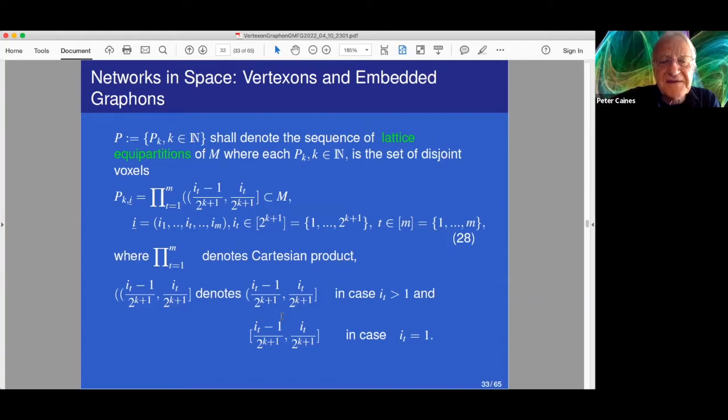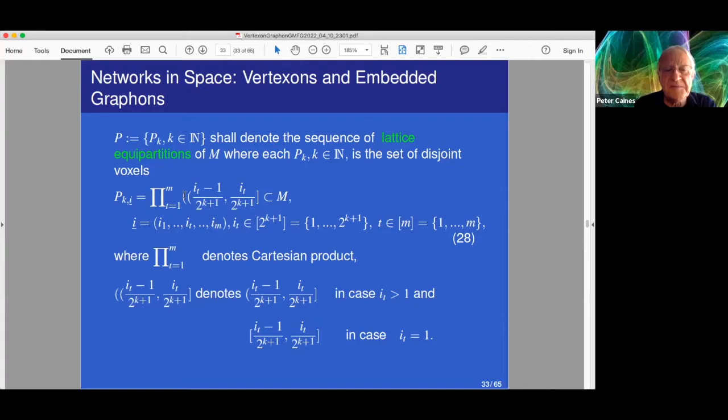This isn't a standard name, but what we're interested in doing is constructing hierarchies of finer and finer partitions of the unit cube. So the base one that we'll think of is going to be given with edge lengths of 1/2 to the k plus 1, with k running through the indices. And so then you need, of course, multi-indices to actually indicate a particular cube, a particular voxel in the unit cube.